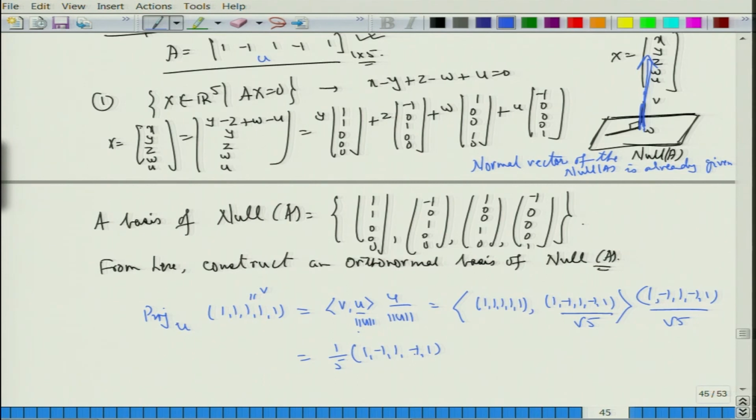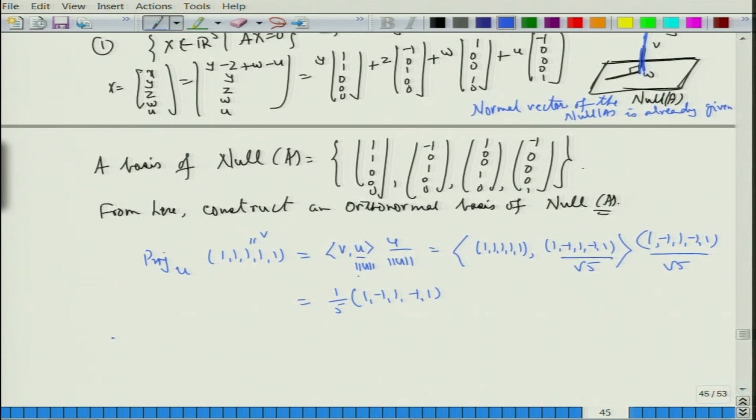This is what it is, and therefore the vector that I am asking for, the projection vector, is V minus this projection, which is V, that was 1 1 1 1 1, minus 1 upon 5 times this vector.